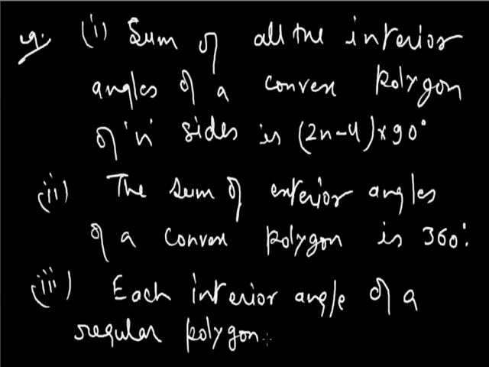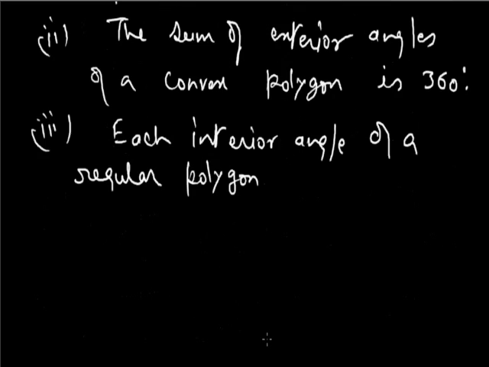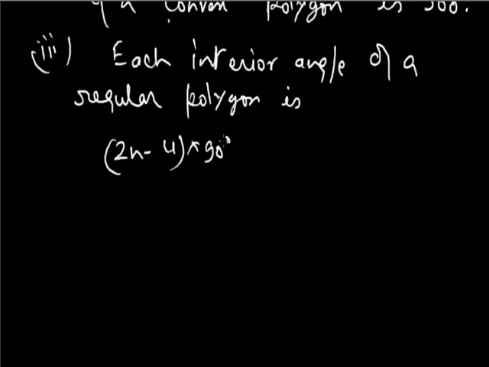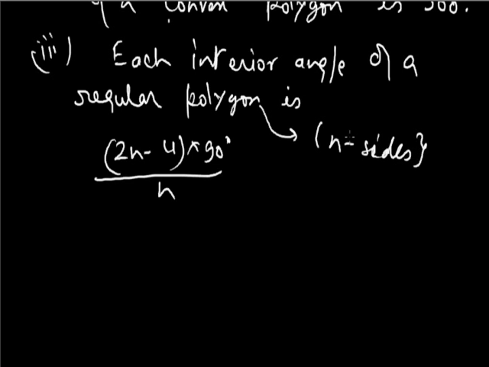So by the unitary method, we can conclude that each interior angle of a regular polygon is 2n minus 4 multiplied by 90 degrees divided by n, because a regular polygon of n sides has n interior angles. If it has n line segments or n sides, then those n line segments intersect at n distinct points if taken two at a time, or in pairs.